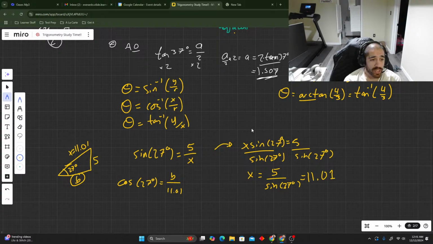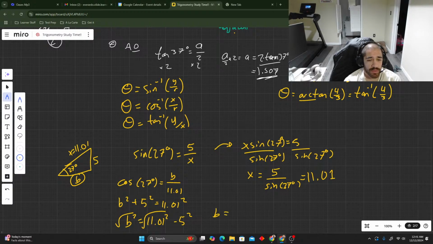You can also do it using the relationship of Pythagoras. b squared plus 5 squared is equal to 11.01 squared. So then b squared is equal to 11.01 squared minus 5 squared. And you just work this out, take the square root of both sides, and you'll get b is equal to the square root of 11.01 squared minus 5 squared.